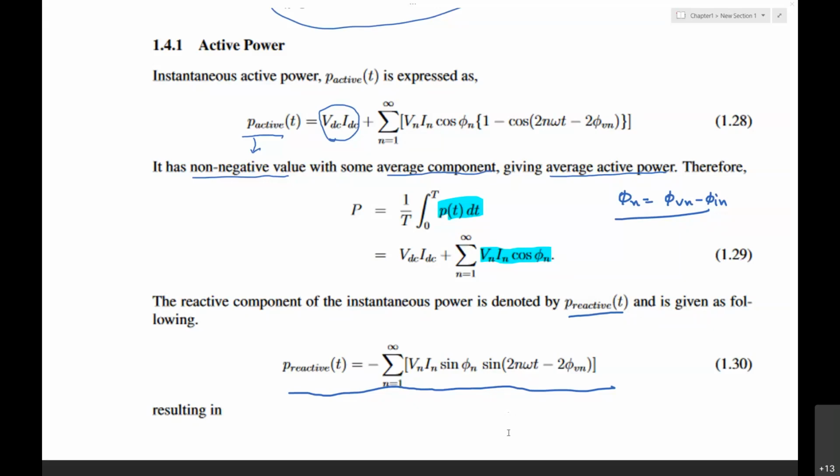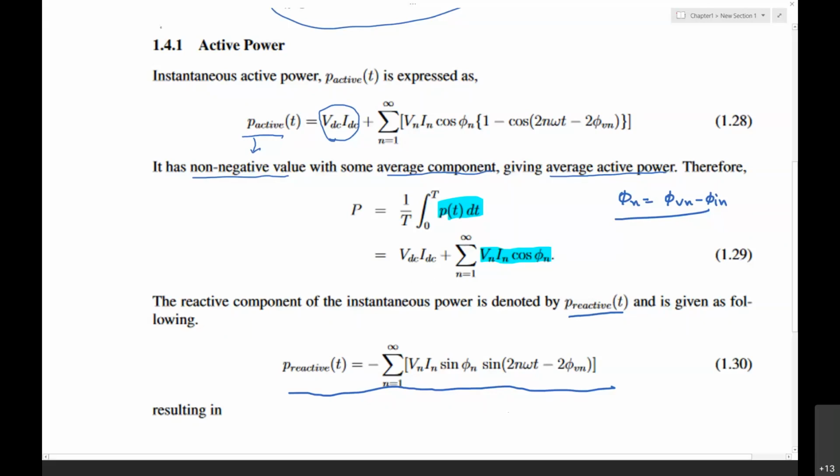We have seen about the active power also, like how do you measure the active power? This particular equation, P is equal to 1 by T, integral from 0 to T of p(t) dt, gives this particular equation.